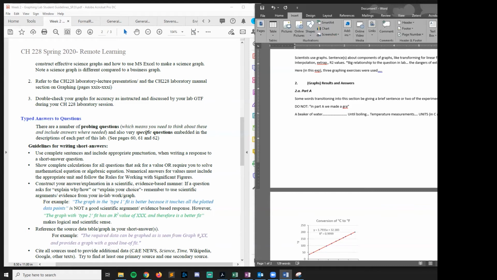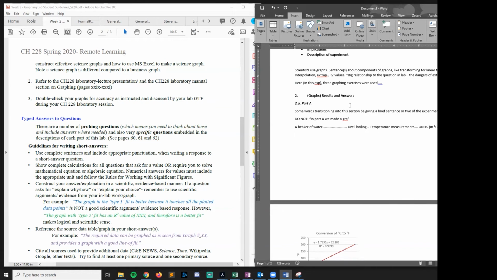Up here, insert symbols. Make sure if you're using degrees, you actually properly use degrees and not an asterisk or something.